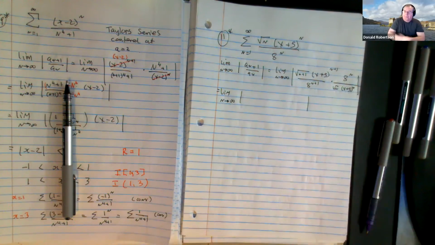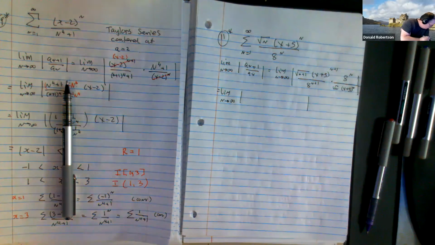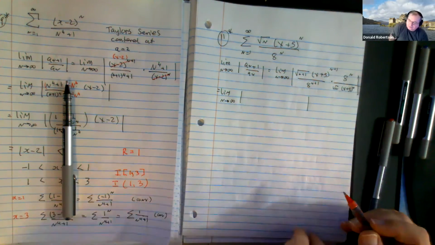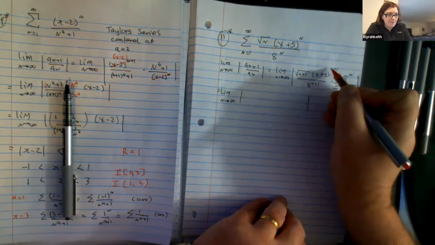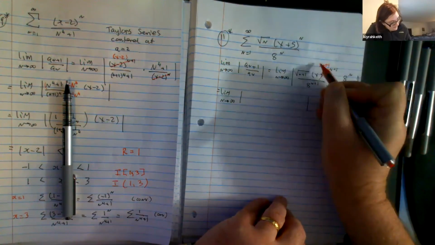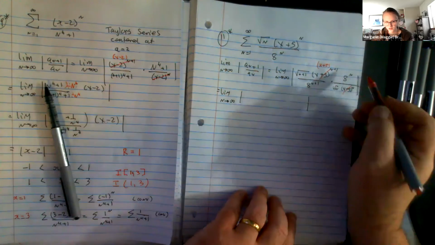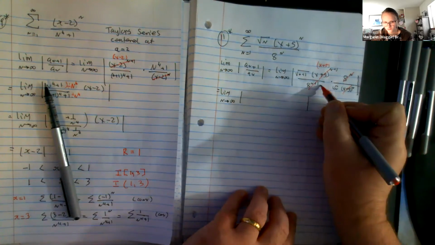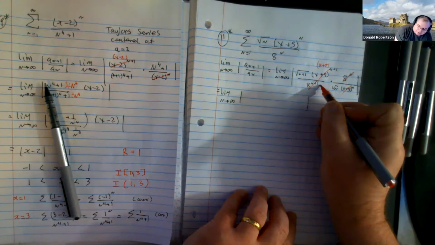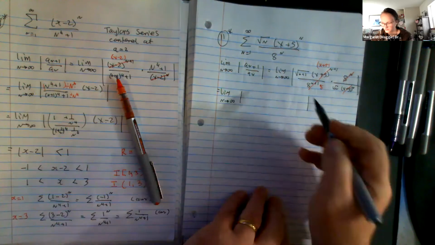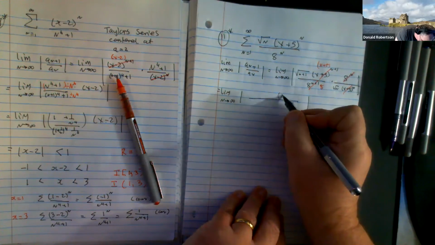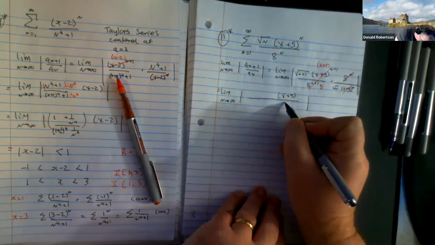Any cancelling? Tell me what I can cancel. You can get an x plus 5 in the top. Great. Anything else? The 8 to the n plus 1 will become the 8 to the n, and the 8 to the n will disappear. And will there be an 8 left over somewhere? Yes, in the denominator. Gotcha. So we're going to have an x plus 5 here. We're going to have an 8.